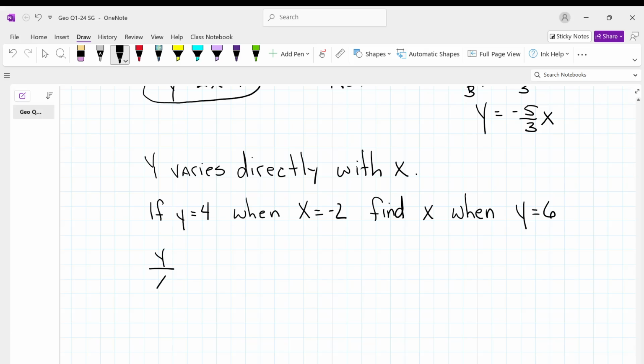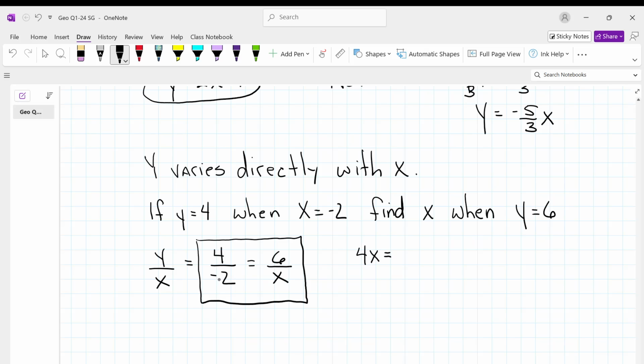Okay, y divided by x is going to equal 4 divided by negative 2. And that's going to be equal to, where the y's are in the numerator, we're going to put the 6, and we're going to solve for the x. So if we take this proportion and just crisscross multiply, we're going to get 4 times x is equal to negative 2 times 6, which is negative 12.